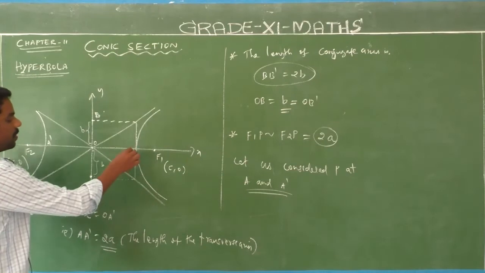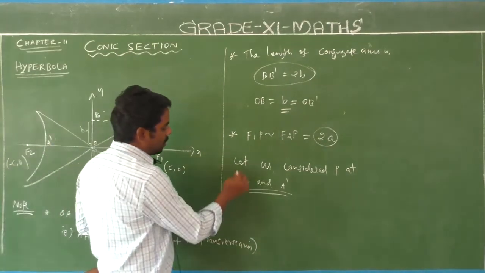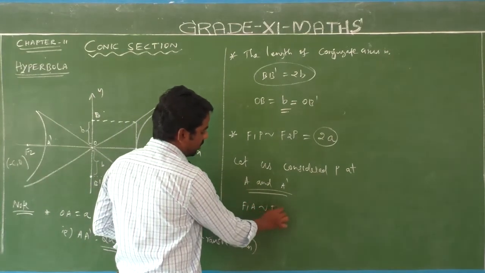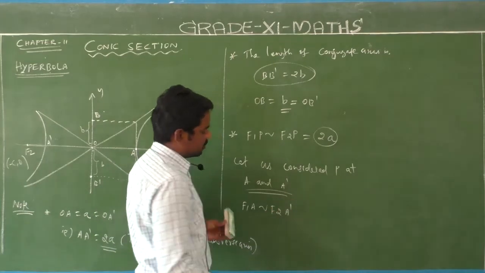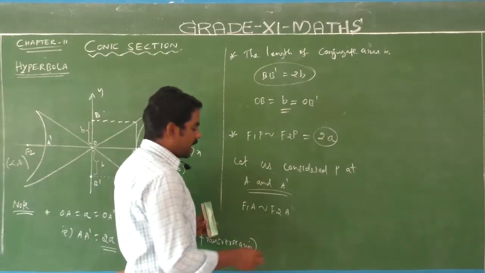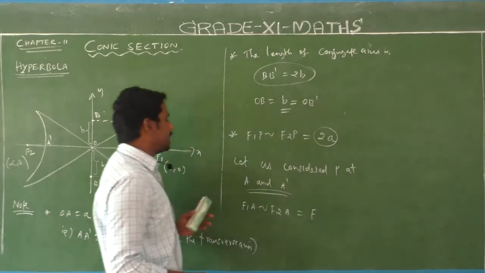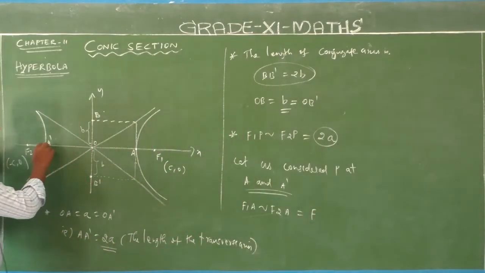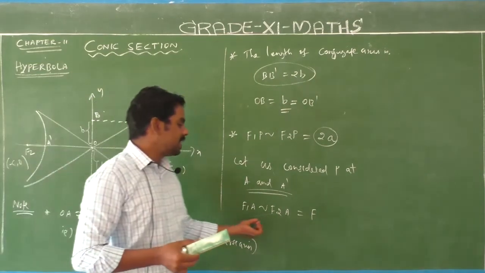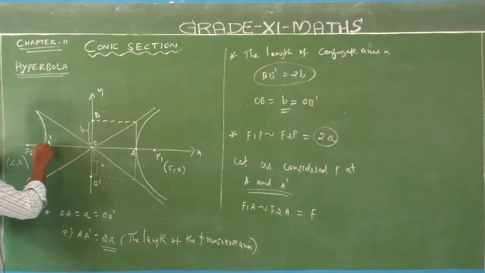First of all, take the point P at A. By the definition, F1A minus F2A is equal to something. Another point is A dash. P is at A and A dash. If P is at A, then F1A minus F2A is equal to; the second point is A dash, then F2A dash.